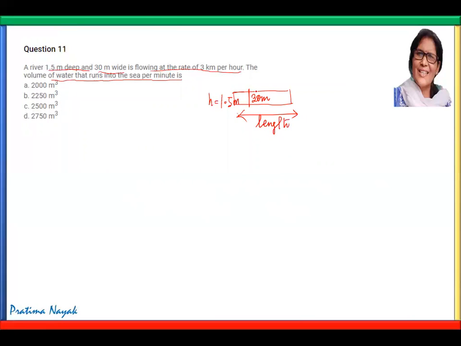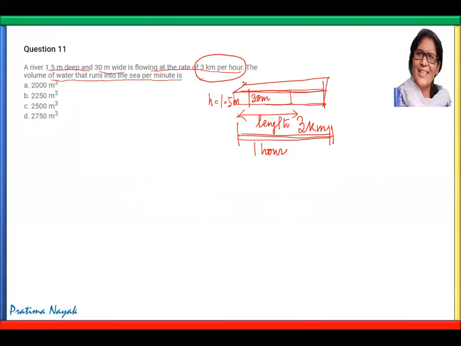So it is a river, so the length is not fixed, but we can fix the length for 1 hour. In 1 hour how much is the water flowing? 3 km. So for 1 hour we'll take the length as 3 km or 3000 meter.